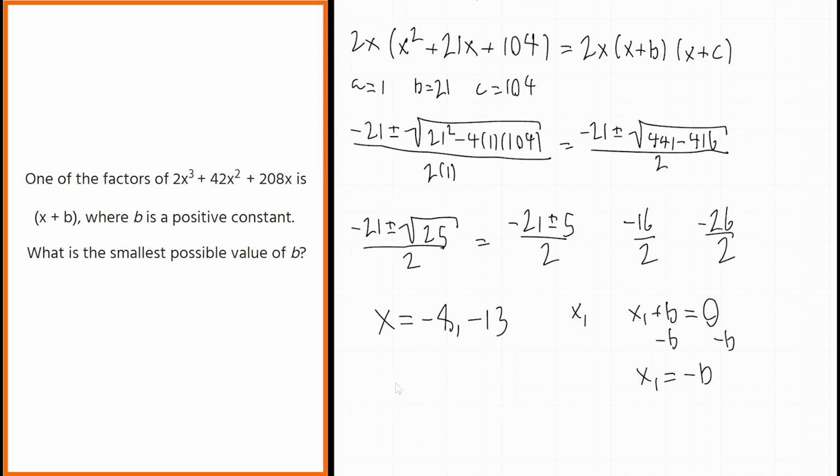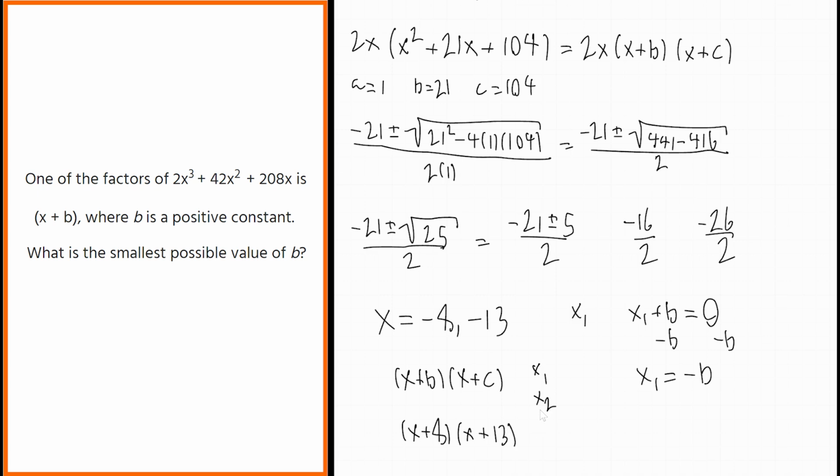So when we say x plus b times x plus c, and we find the zeros, x1 and x2, of this expression, the constant values we're looking for are actually going to be the opposite. So even though the zeros are negative 8 and negative 13, the constant values are actually going to be x plus 8 and x plus 13.